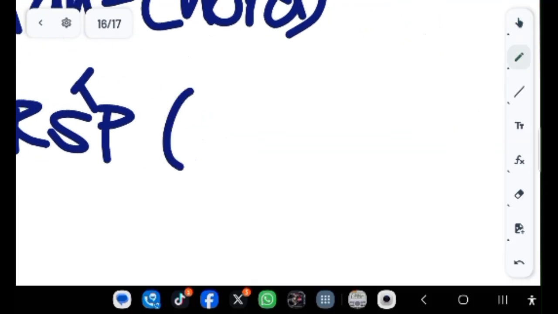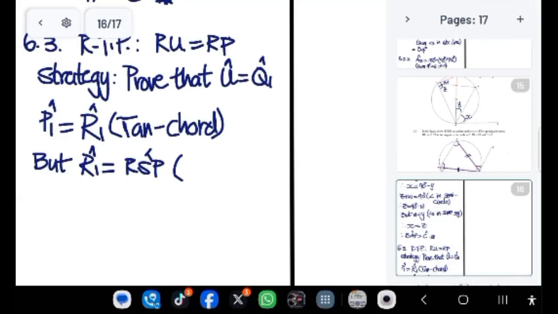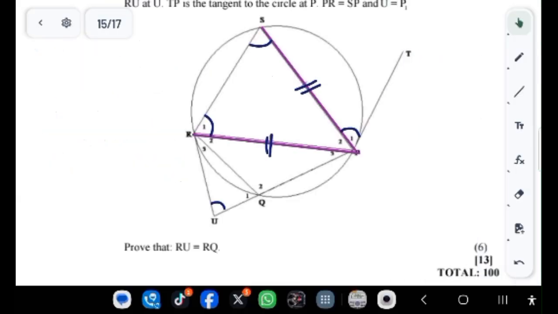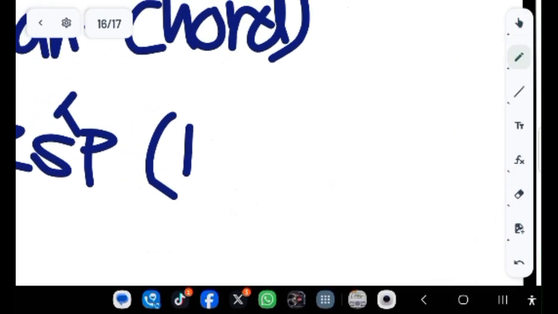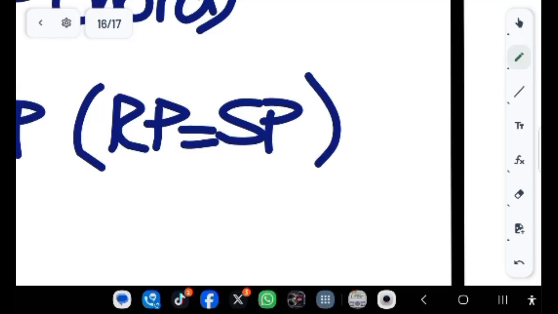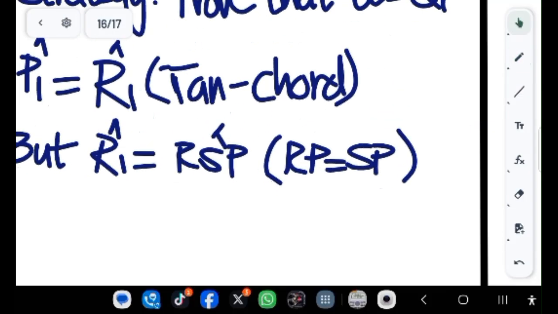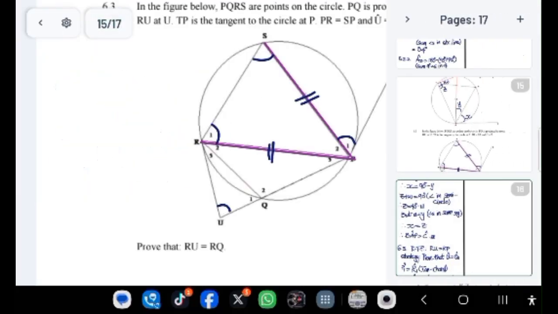Reason: the two sides are equal, RP equals SP. That's up to you.